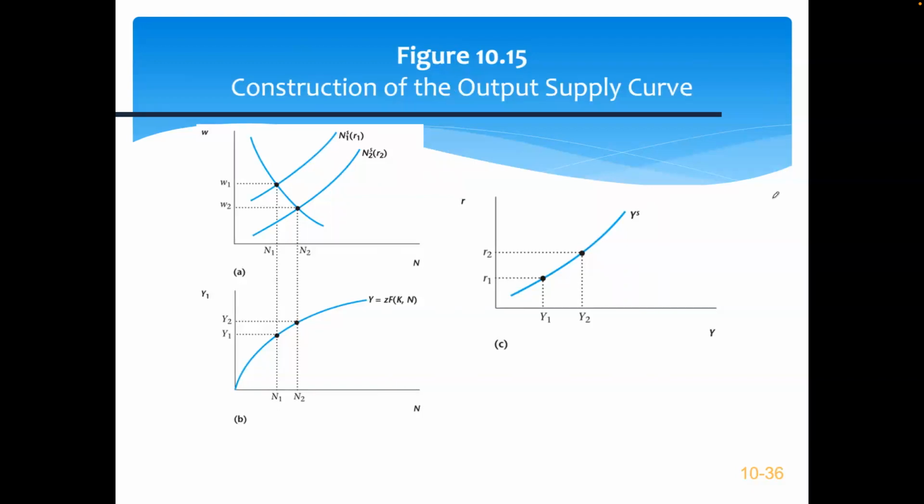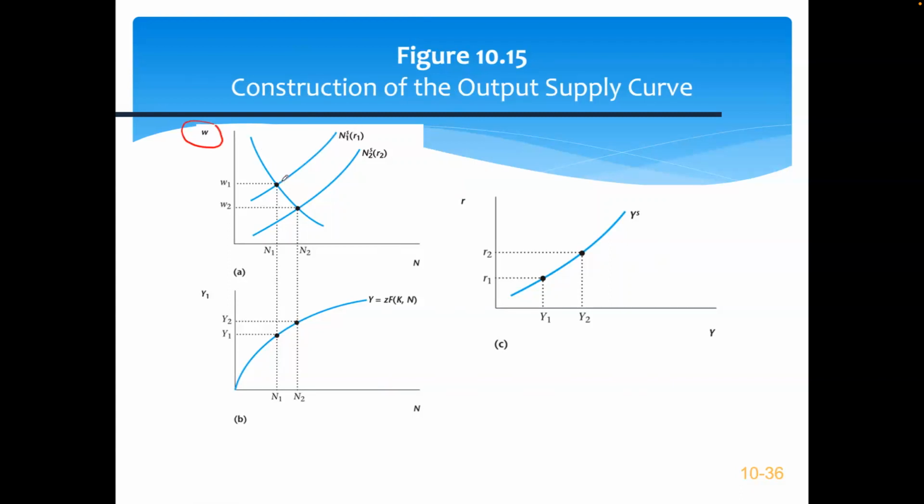Let's first look at the output supply, because we should look at output demand. Okay. Start with here. So what do we have? This labor supply, that's what we discussed earlier, right? So in terms of wage, right? And then this is labor demand, that's what we already discussed, right?